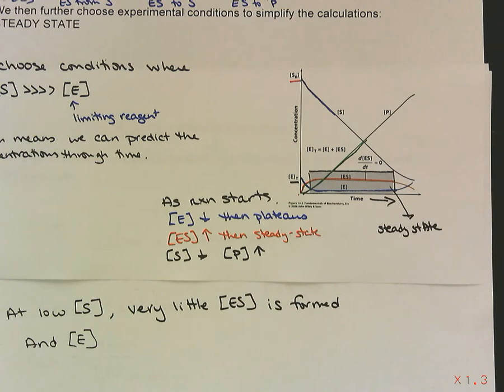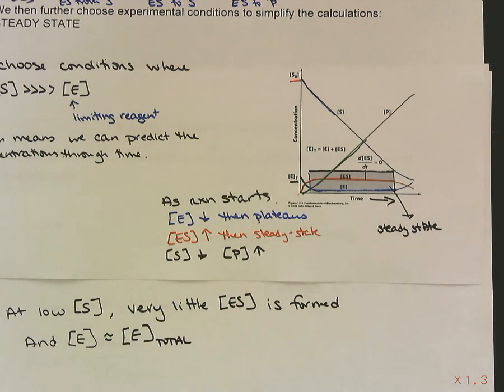And the concentration of unbound enzyme is going to be equal to just about all the enzyme concentration that's in there, right? If I have very little of this, E total is this plus that. So if I don't have very much, then unbound E must equal about E total.